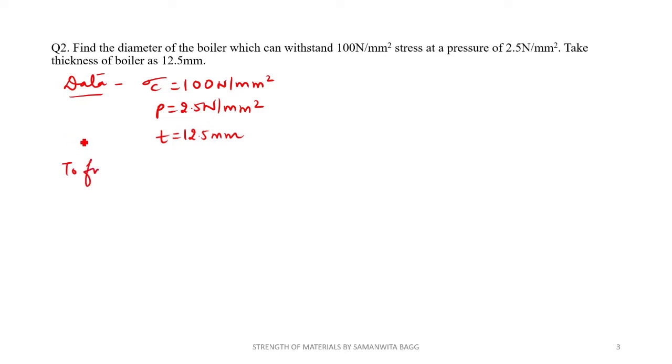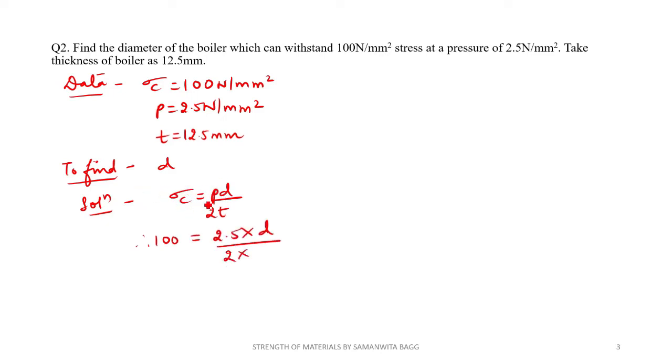I am supposed to find the diameter D. This is very simple. Sigma C is PD upon 2T. 100 is equal to 2.5 into D upon 2 into 12.5. From here I get the value of diameter as 1000 mm, which means it is 1 meter.